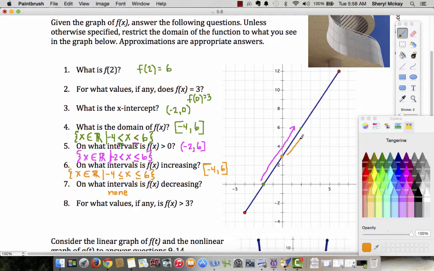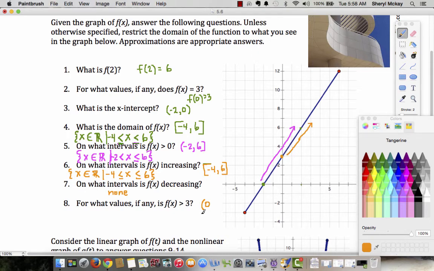Well, it's greater than 3 from there up, right? So if we were going to write this in set builder notation, actually let's do interval notation first. We would say that x is 0, because that's what x is when f of x is 3.